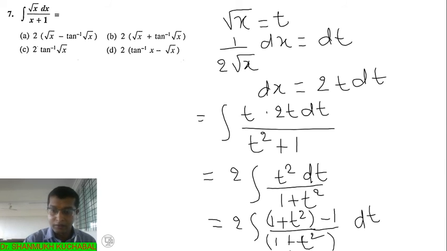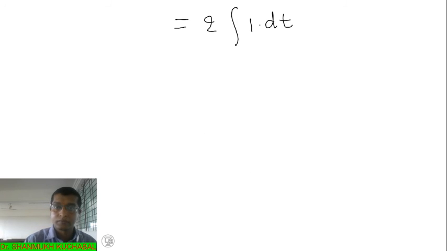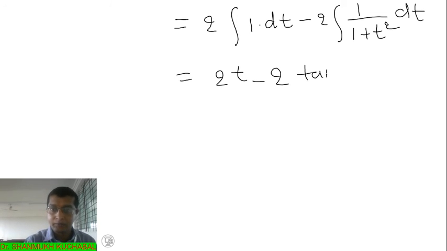Similarly, second term divided by denominator, it is minus 2 times 1 divided by 1 plus t square into dt. So further, 2 as it is, the integration of 1 is t, minus 2 as it is, the integration of 1 divided by 1 plus t square is tan inverse t.